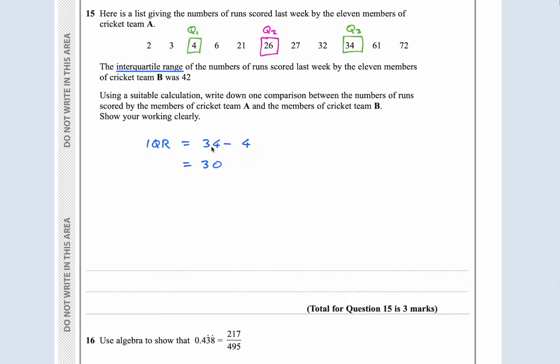Okay, so their interquartile range was 30, and their interquartile range was 42.